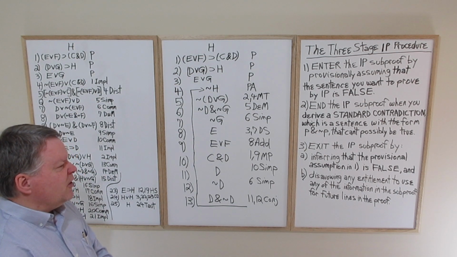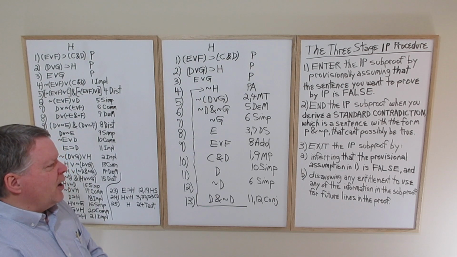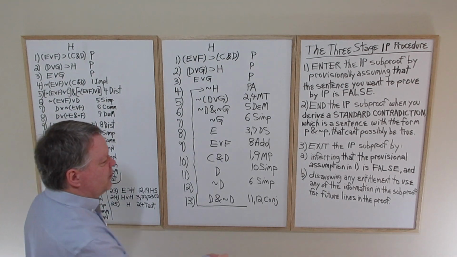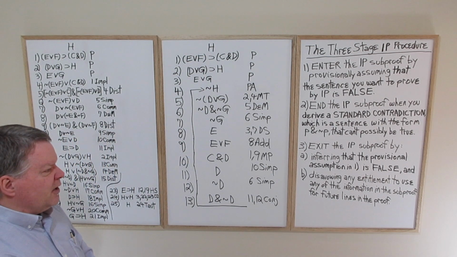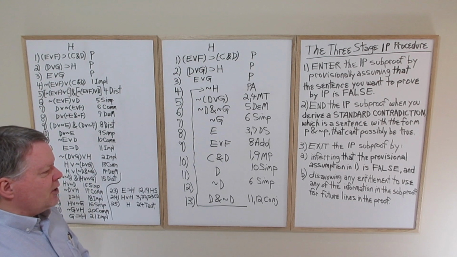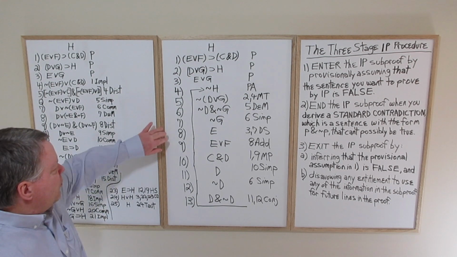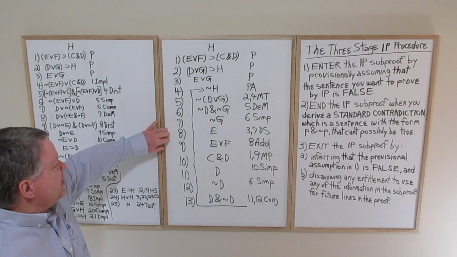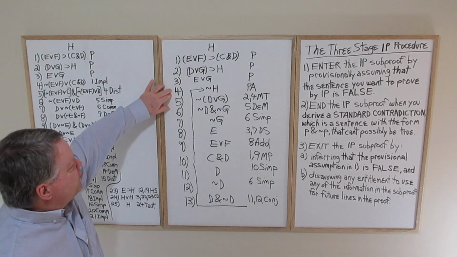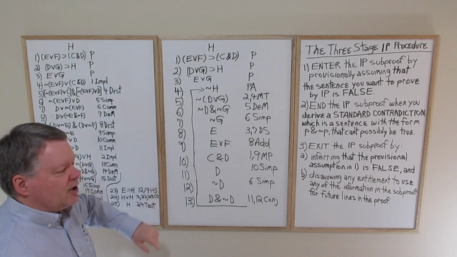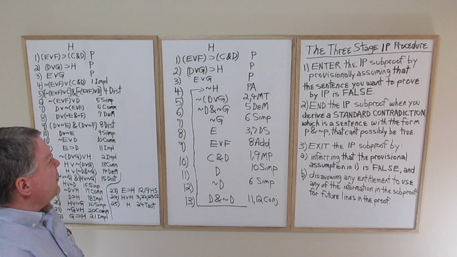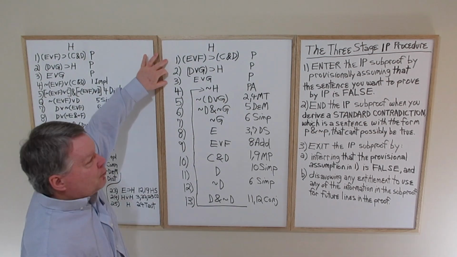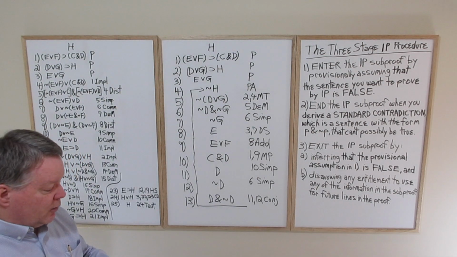We exit the IP subproof by, we can skip to the second stage first here, disavowing any entitlement to use any of the information in the subproof for future lines in the proof. So, as we saw with CP then, all of the information from line 4 to line 13 hasn't been shown to be derivable from the original 3 premises alone.